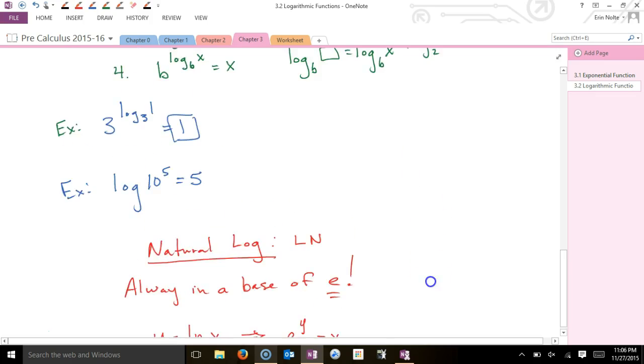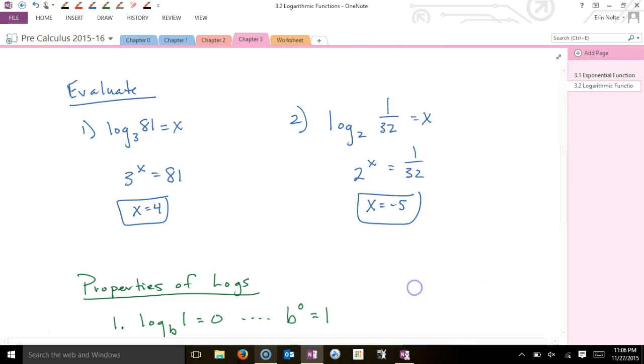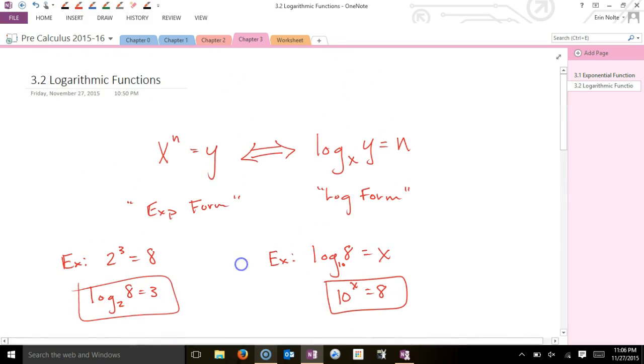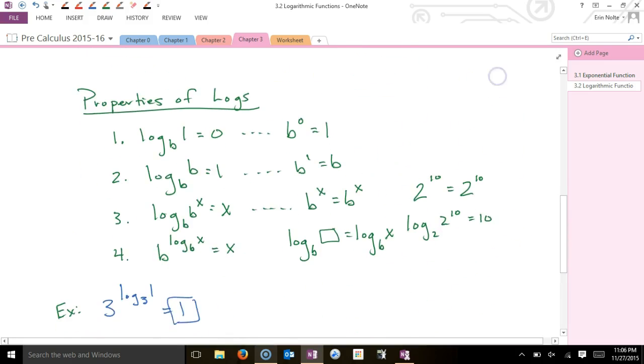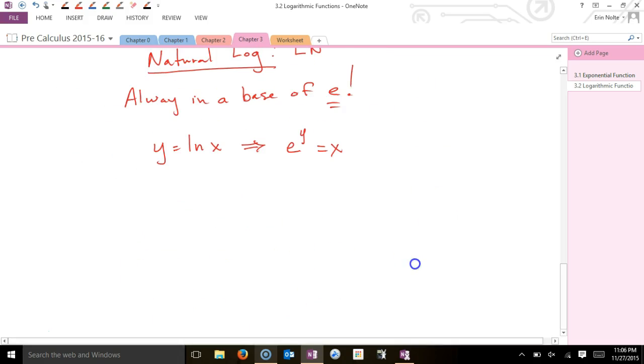So remember what we did up here at the very beginning, that conversion? Same exact thing. I didn't change anything. I just put an ln instead of a log. Just so you guys know, a natural log is exactly the same as a log with a base of e. Those two things are exactly equivalent.